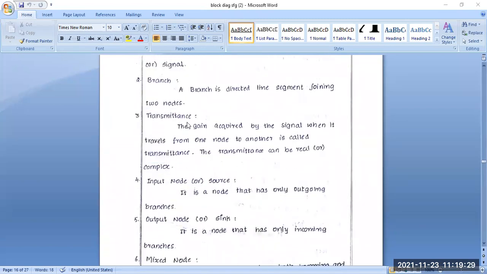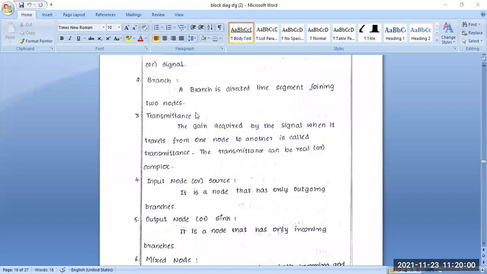Number three, transmittance. This transmittance is very important for your short questions. In your exams, when a short question comes, you have to know what transmittance is, so please remember it. It is the gain acquired by the signal when it travels from one node to another node. It can be a real or complex number.